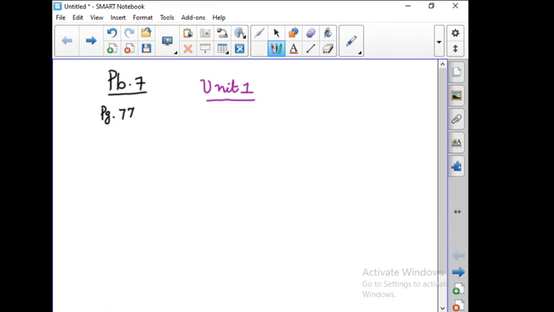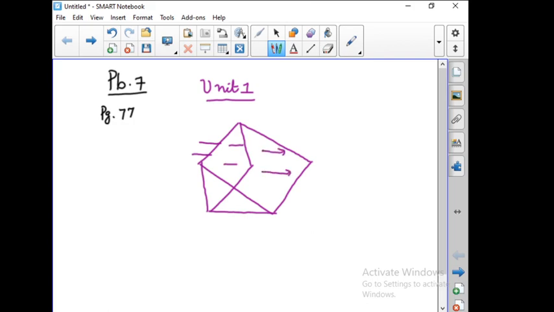Let us first draw the diagram as given in your book. This is the slanted surface. And here we have a little triangular surface, and this is going to be the rectangular surface. And here the electric field acts on the surface in this direction, as given in the book.